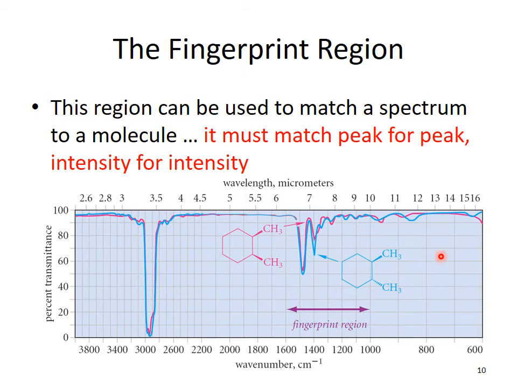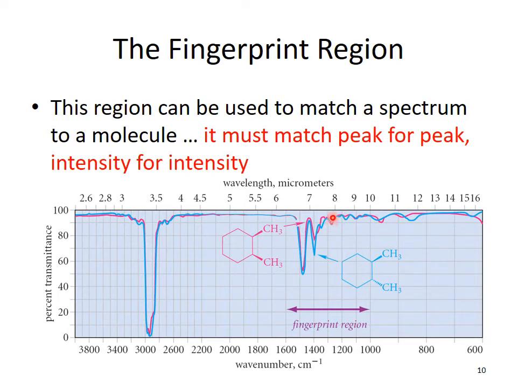And even tiny changes in the structure of the molecule will make the fingerprint region change. So the red spectrum here is 1,2-dimethyl cyclohexane that is cis, and the blue one is when it is trans. And you can see, look, see how this peak here isn't there, but this one's shifted over to here? Look how this peak shifts over there.